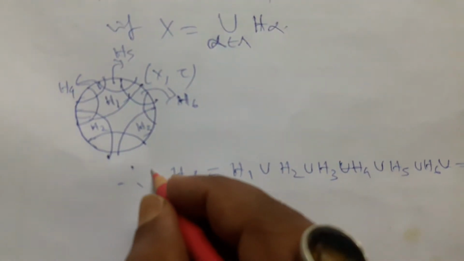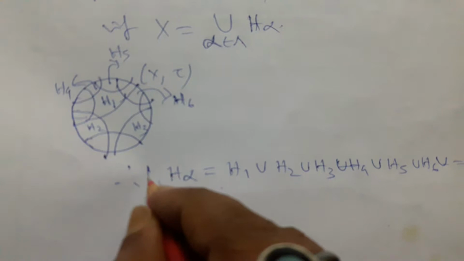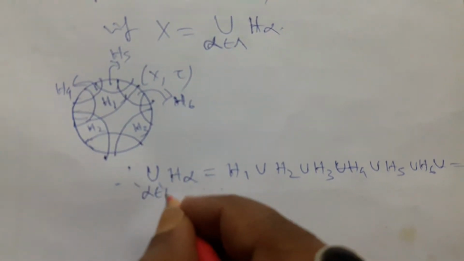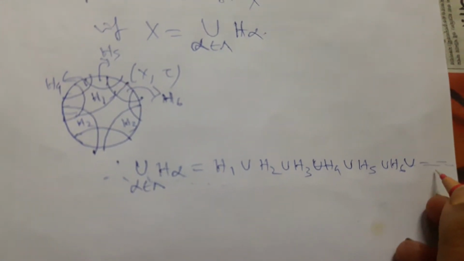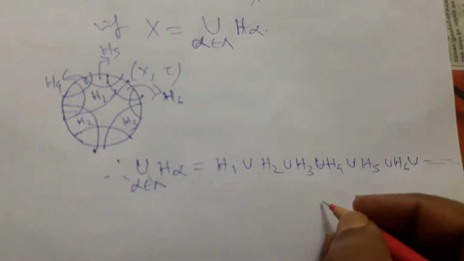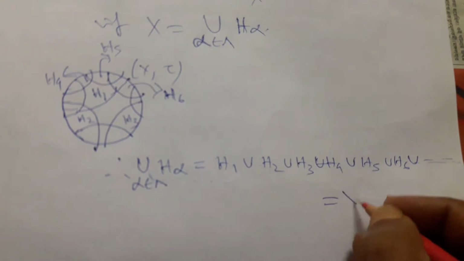If this is a union of these sets, alpha belonging to the index set, arbitrarily defined, that will certainly cover the entire space (X, tau).